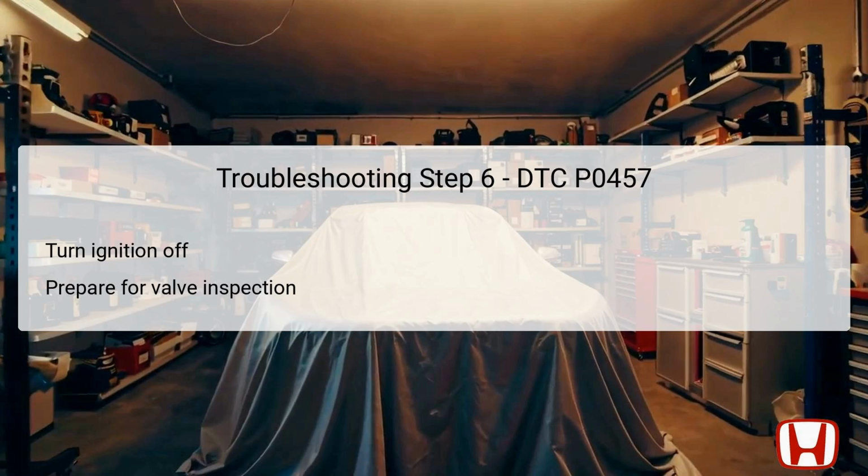This shutdown allows technicians to safely handle the EVAP canister vent shut valve, which is a vital component of the EVAP system, responsible for controlling vapor flow. Once the ignition is off, the technician can proceed without risking electrical shorts or unintended activation of components, leading to misinformation during diagnostics. It sets the stage for a thorough examination and ensures all motions are taken in a controlled manner.